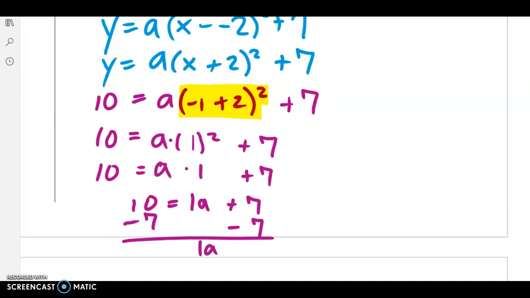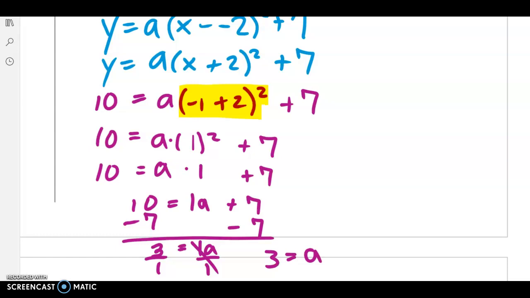So we have 1a equals 3. And then to get rid of the number in front of the a, you would normally divide by that number. Divide by 1 on both sides. So a is equal to 3.